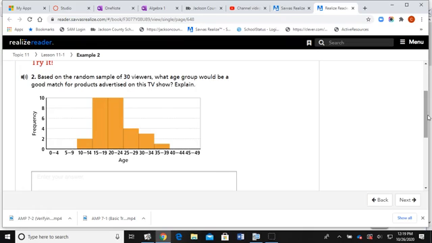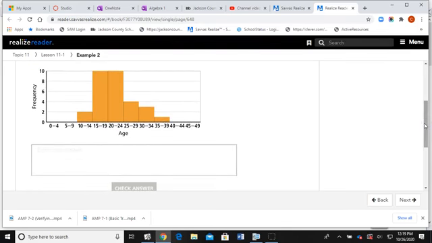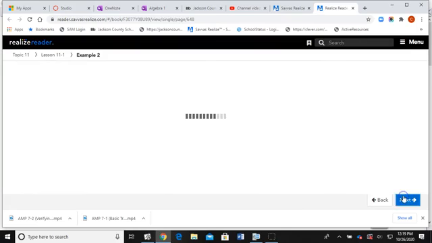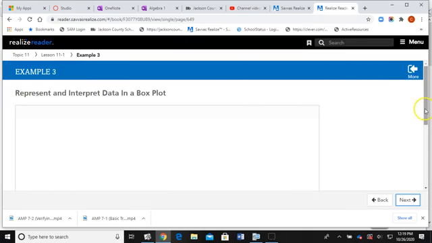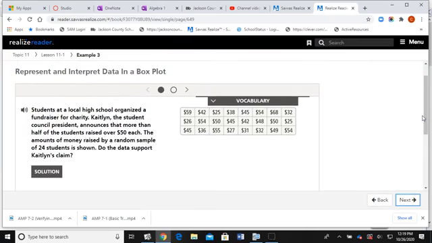So if that's your demographic, that's what I would pick. Now, the question didn't even ask the question, did it? Does everybody understand how to make the histogram? And more importantly, how to read the histogram? Everybody's good? All right. So we got a dot plot, a histogram, and finally a box plot.